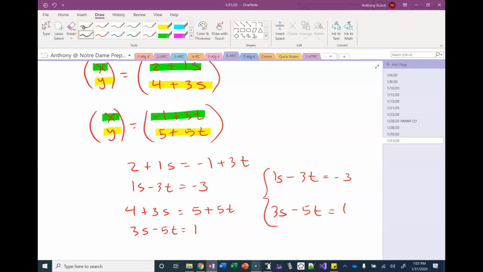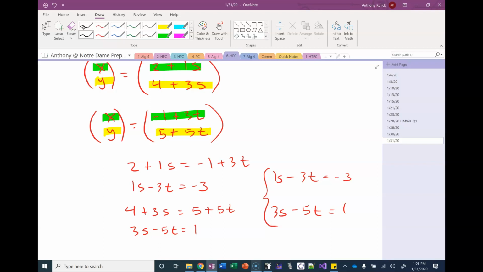What is the fastest way that we know to solve a system of equations? Substitution is a way to solve it, but I would argue there's a faster way. Elimination is a way to solve it. I'd argue there's a faster way than that. So think back to your Algebra 3-4 class from last year.